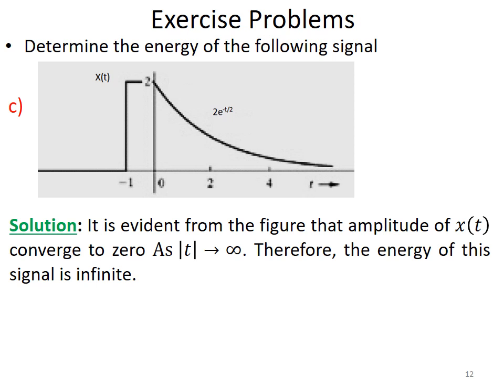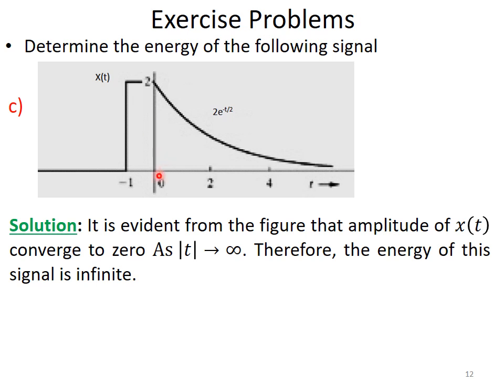Now in order to find the energy of the signal, we need to first write down the mathematical expression of the signal. So let us break the signal into two time slots. One is between minus 1 and 0, another is from 0 to infinity.